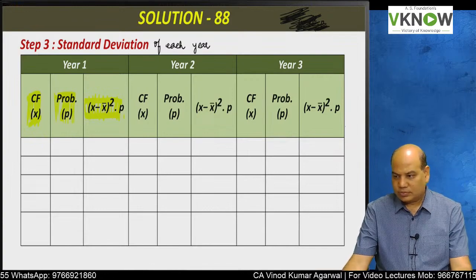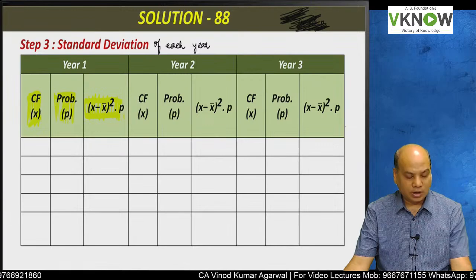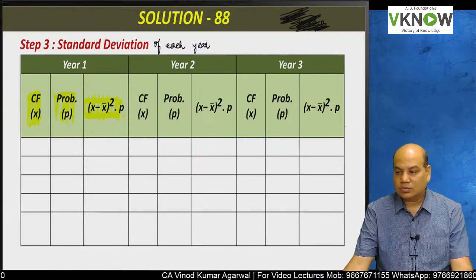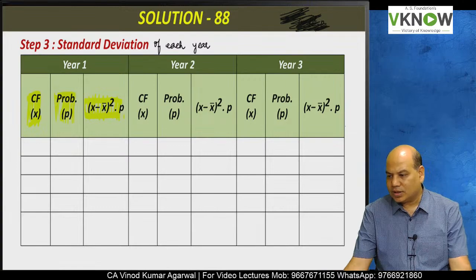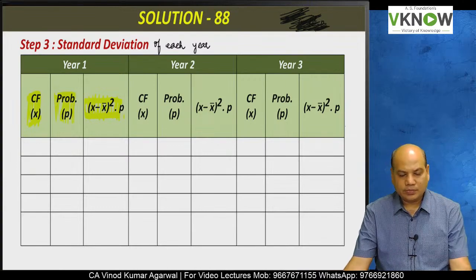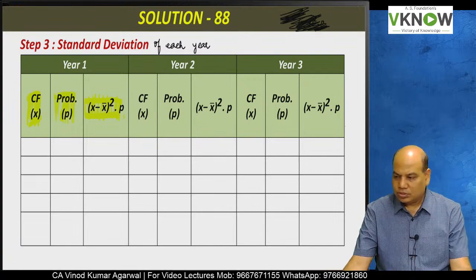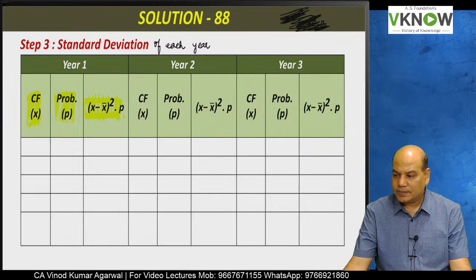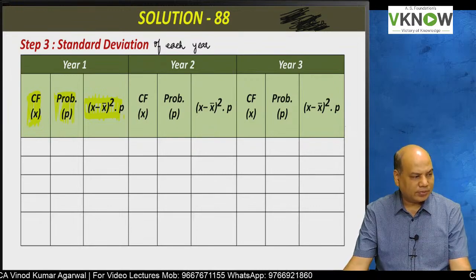Calculation of standard deviation of each year: cash flow, probability, x minus x bar square into probability. Then year 2 cash flow, probability, x minus x bar square into probability. Year 3 cash flow, probability, x minus x bar square into probability.